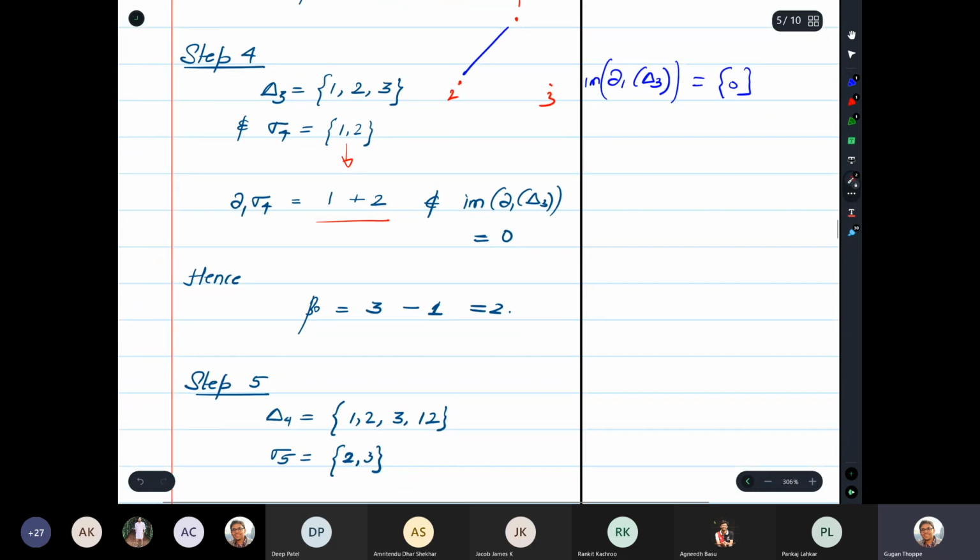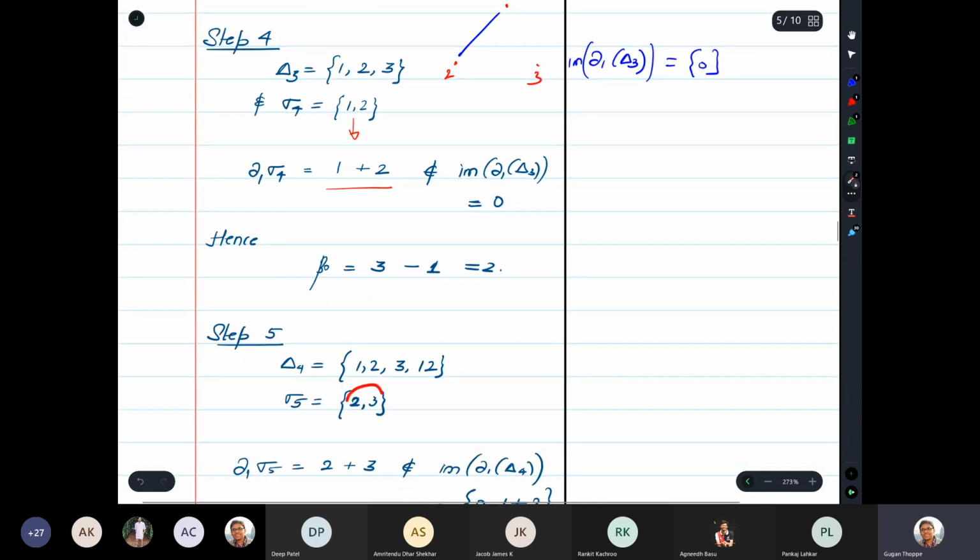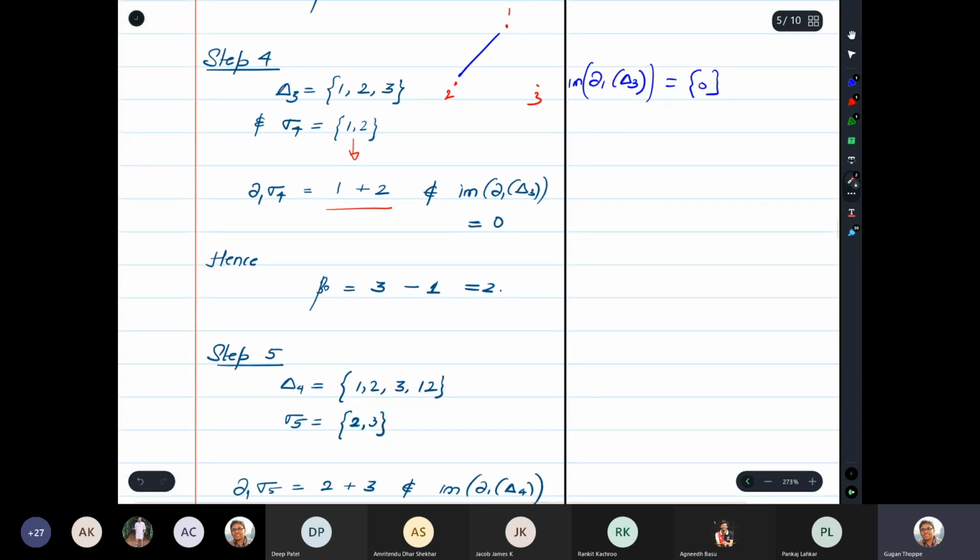Now let's see what happens when I add the edge 2, 3, right? So now I'm adding this edge over here, and the current simplicial complex, maybe I'll use red color to denote my current simplicial complex, and maybe blue color to denote what I'm going to add now. So now I'm adding this 2, 3.